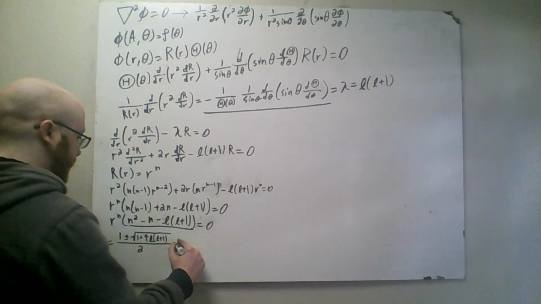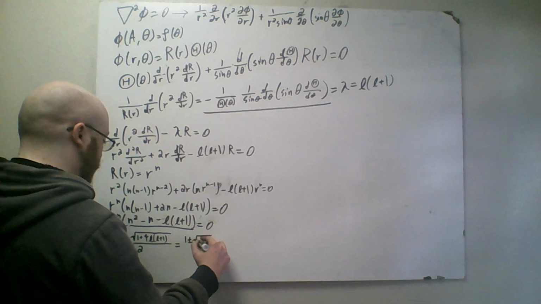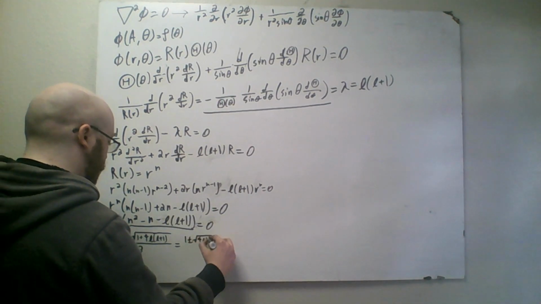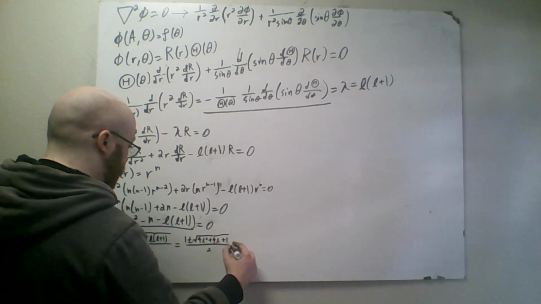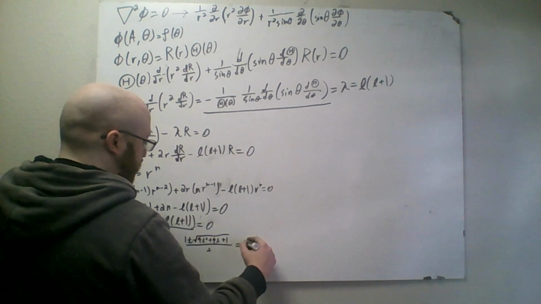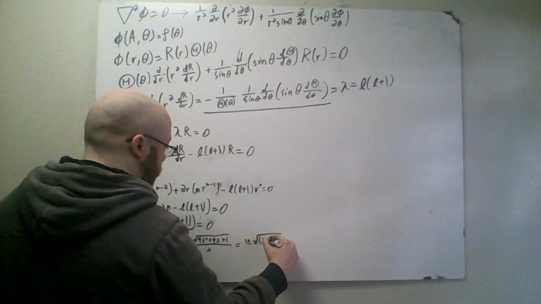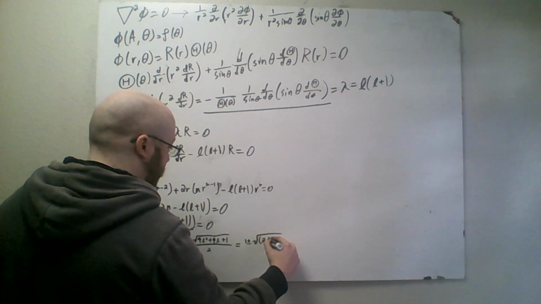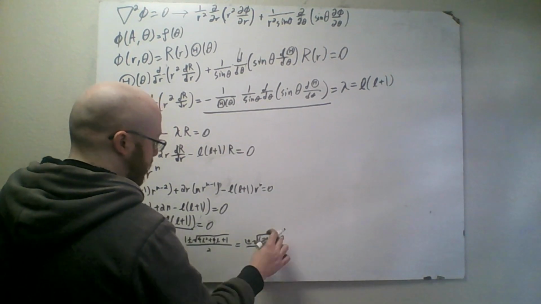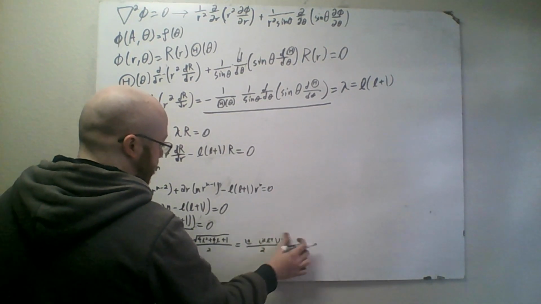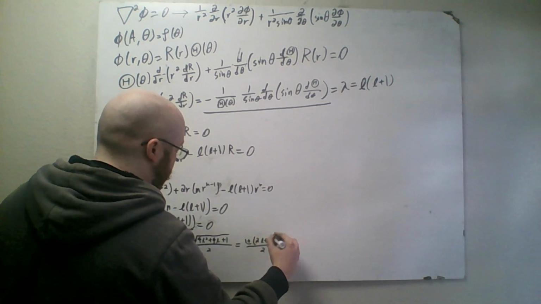If we expand this out, this becomes 1 plus or minus the square root of 4L squared plus 4L plus 1, all over 2, which factors into 1 plus or minus the square root of 2L plus 1, squared, all over 2. So then we can cancel to get 2L plus 1.